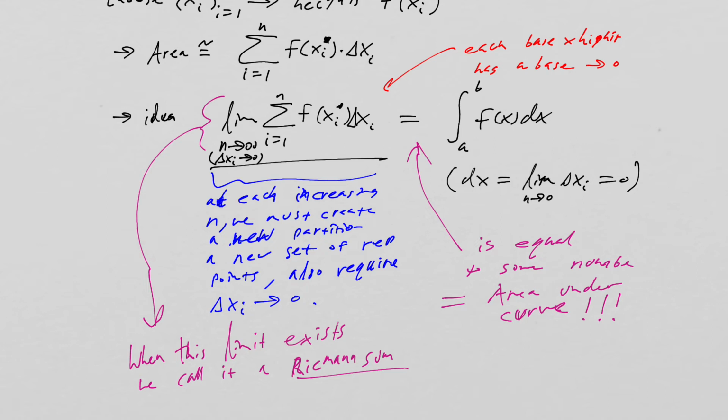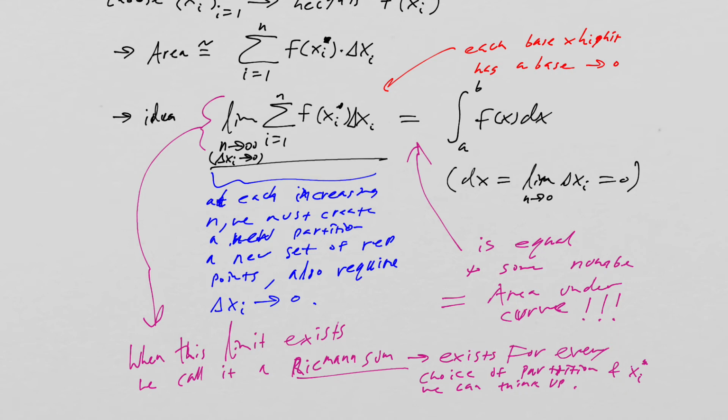This Riemann sum, okay, it has to exist for every choice of partition and xi star we can dream up. Right? So it has to be flexibly defined, right? Okay, and it has to exist.